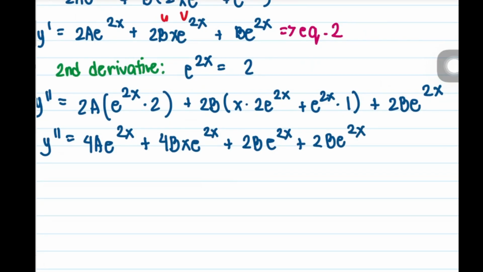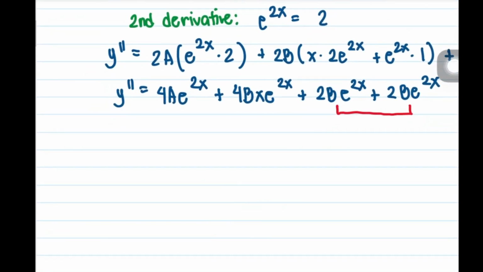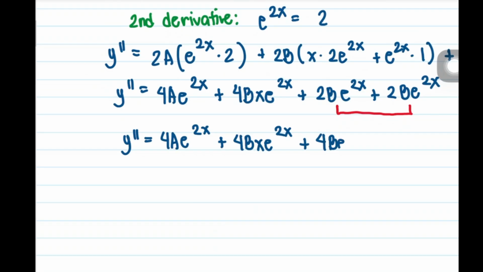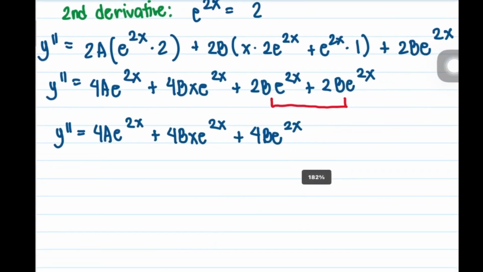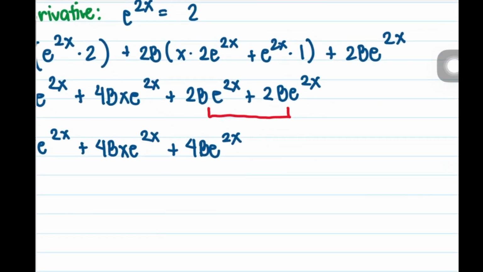So let's combine like terms. y double prime is equivalent to 4a e raised to 2x plus 4b x e raised to 2x plus 4b e raised to 2x. So this one will be your equation 3.